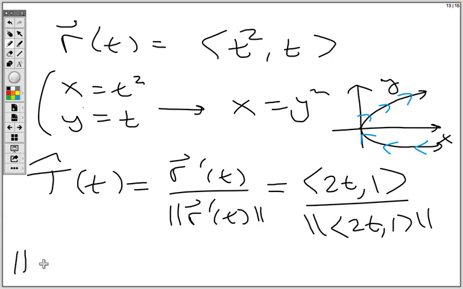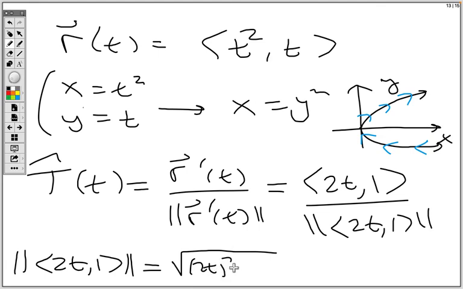So let's go down here and calculate the magnitude. How do you calculate the magnitude of a vector? It goes back to the Pythagorean theorem. You square the components, add them up, take the square root. And let's make a quick check.